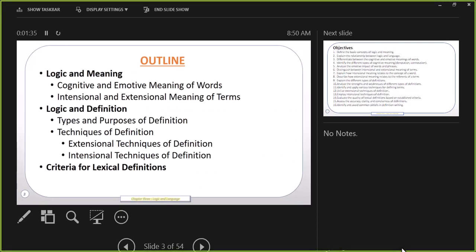The first section is concerned with extensional and intentional meaning. The second section is concerned with logic and definition, types of definition, and techniques to produce those types of definitions, extensional techniques and intentional techniques. And lastly, we will be concerned with criteria for good lexical definition. Why do we concern ourselves only with lexical definition? Because lexical definitions are what?